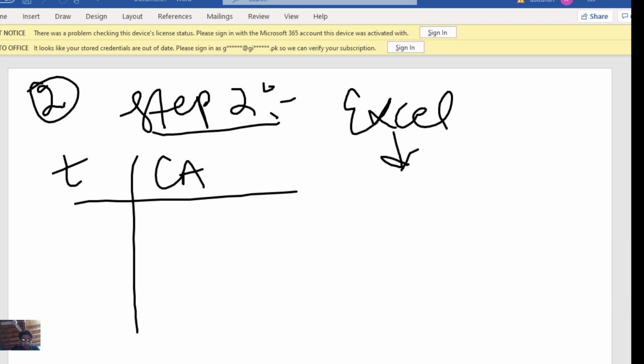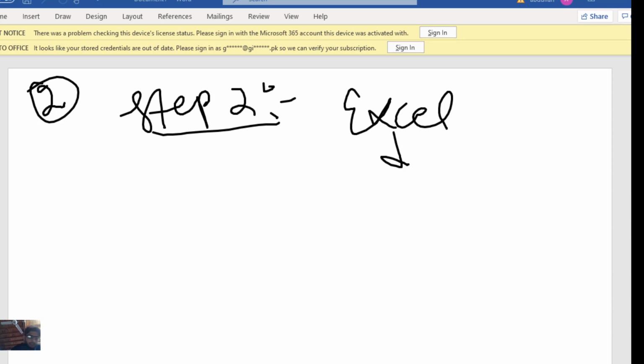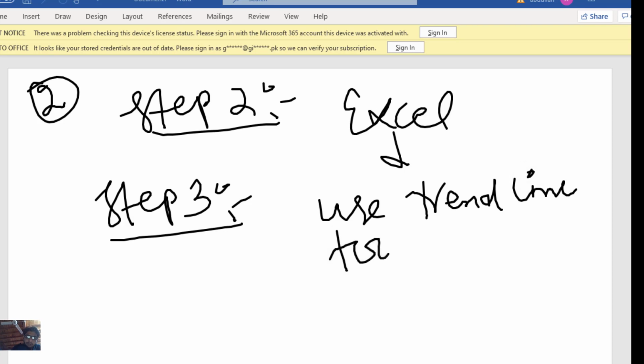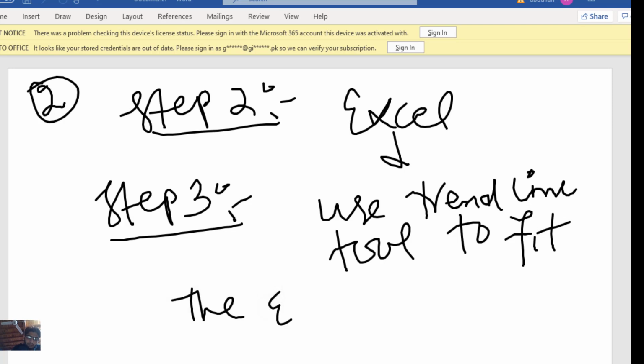Now in the third step, we will use the trend line tool to fit the experimental points to a theoretical equation.